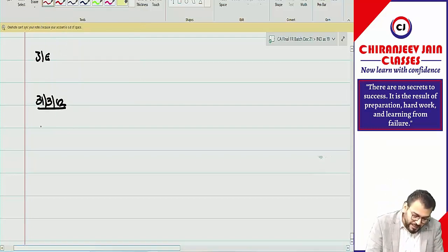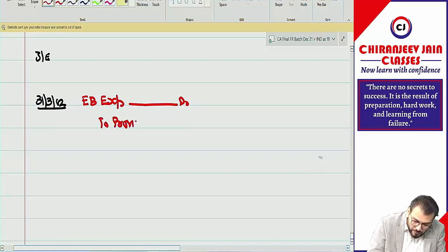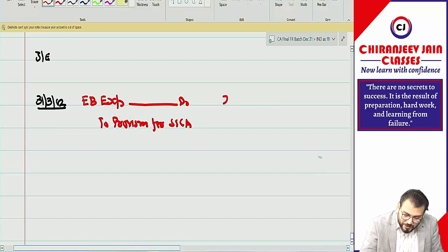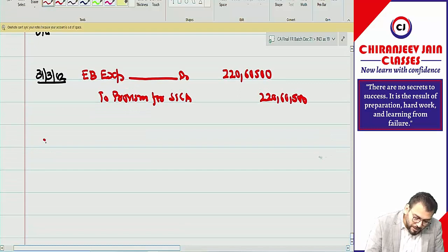So first, EB expense account debit to provision for short-term compensated absences. How much will we create? 2 crore 20 lakh 60,500. I will also reverse the provision of the previous year.